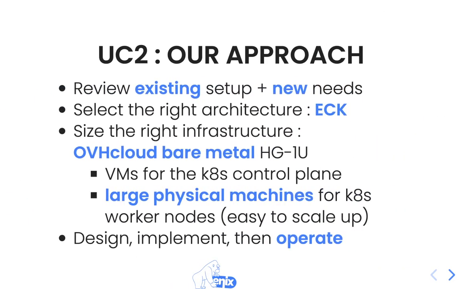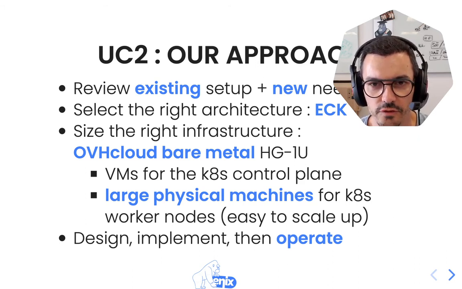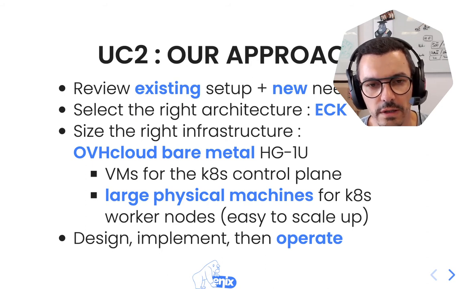So in terms of our approach, we reviewed all of the existing Elasticsearch clusters as well as their additional requirements for this new project. We selected the right architecture, which was ECK, simply Elasticsearch over Kubernetes, and then had to choose the right bare metal devices.